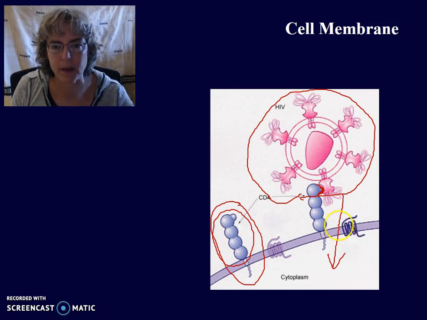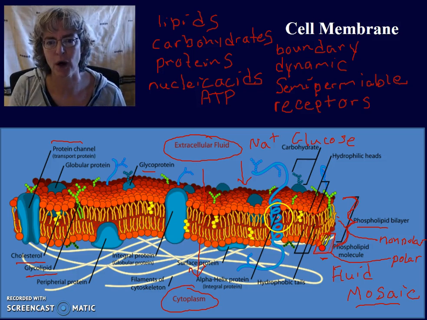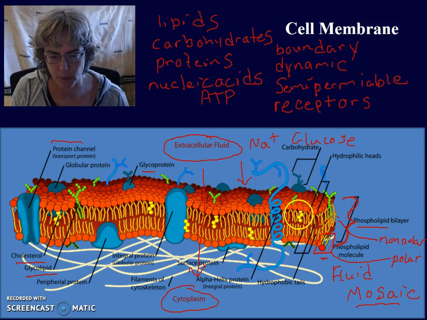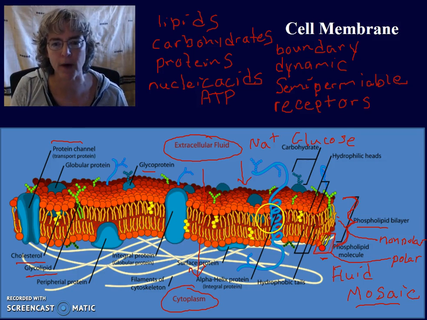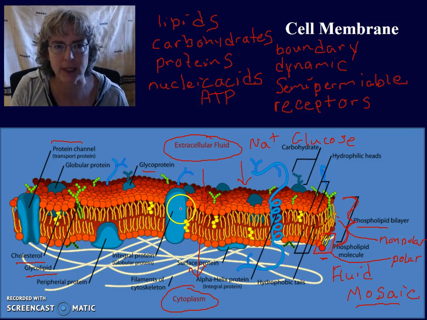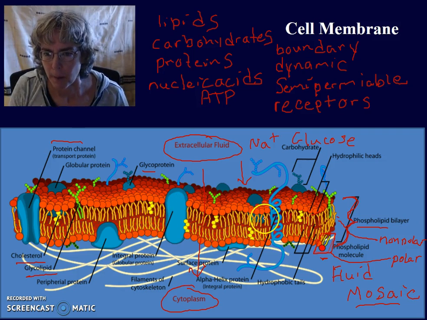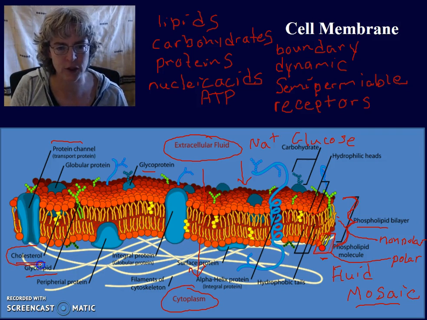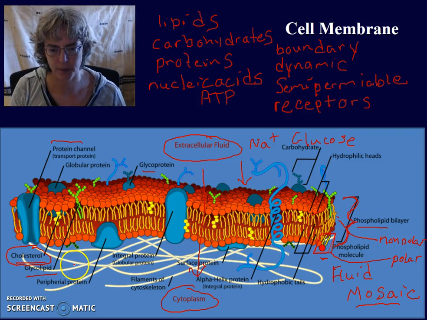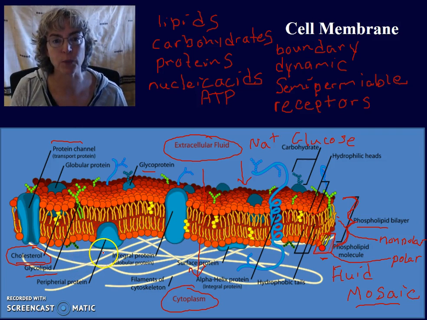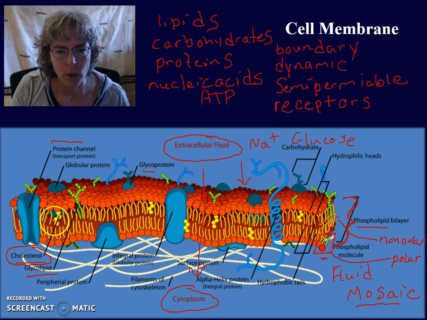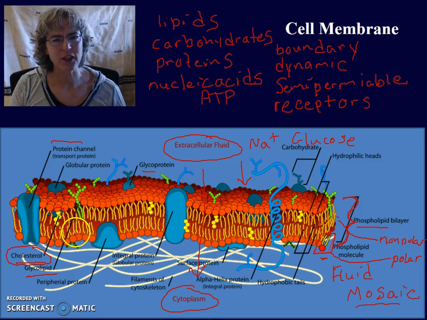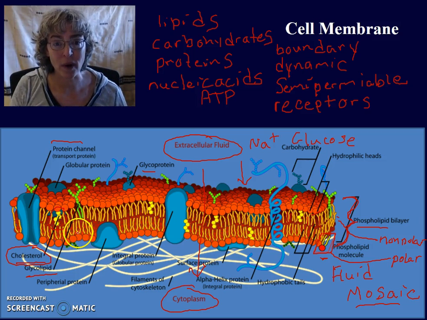Let's go back to our cell membrane. So what types of things can we find in here? Let's go into that in a little bit more detail. Okay, we have our cholesterol. So what does the cholesterol do in here? So it provides support. Like I mentioned, that the cell membrane is like an oil.